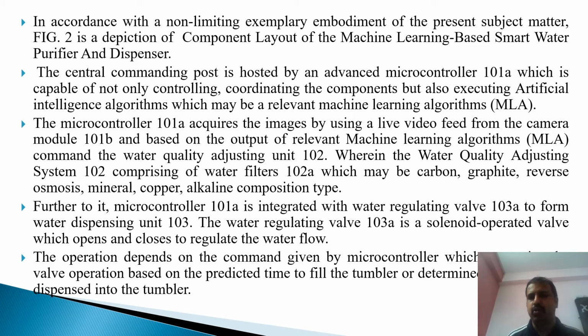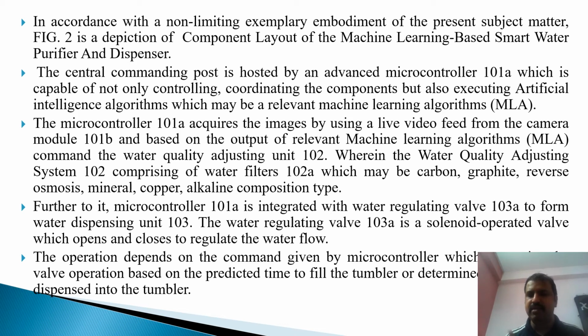The purification system will have a water filter 102, which may be of carbon graphite, reverse osmosis, mineral, copper, alkaline or composite types. Different types of cartridges will be placed arrayed side by side, and all are controlled by relays. Based upon the requirement, one or two or more cartridges will be placed in series such that water will flow through those candles only and get the required quality index.